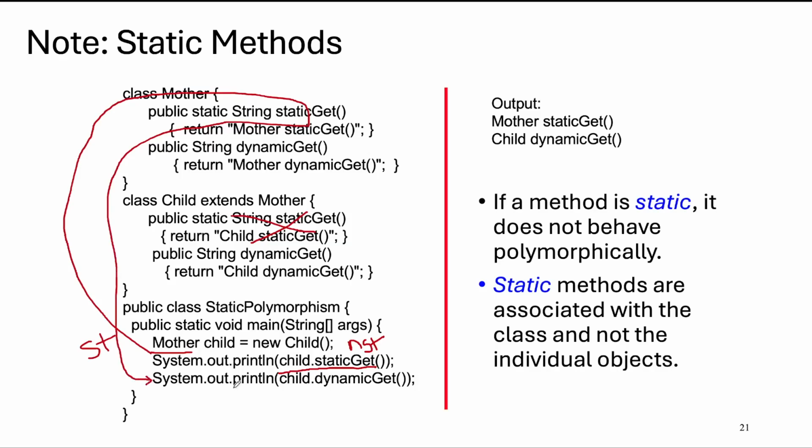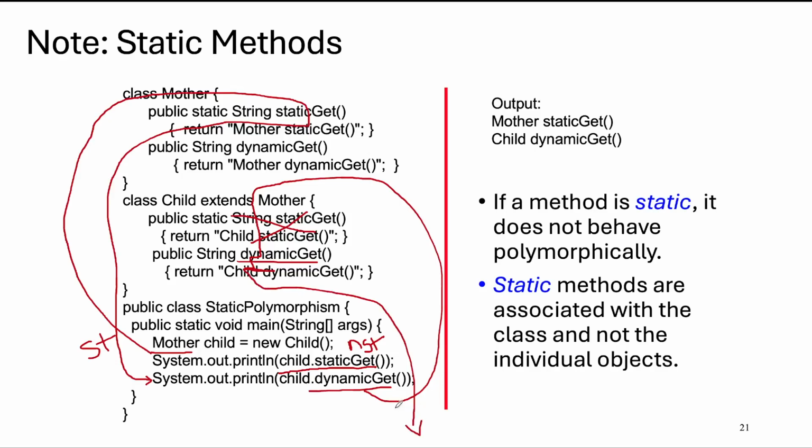Very simple. If you are calling a static function, always choose the left hand side one. Now when you say child.dynamicGet, this function is not a static function. Thus, the compiler chooses the right hand side, enters into this function, prints child dynamic get and comes out.